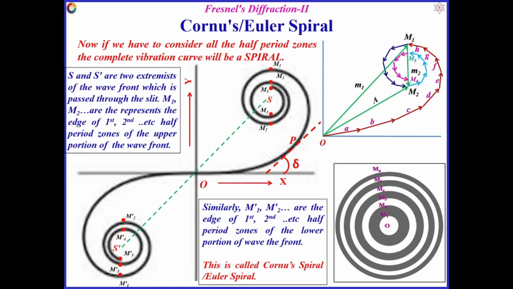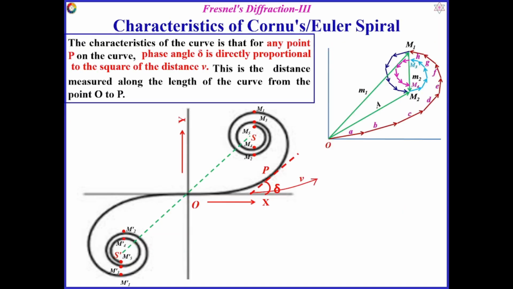In this video, we are going to discuss Fresnel's integral. For Fresnel's integral, this relation is important to know. The characteristic of this curve is that for any point P on the curve, the phase angle is directly proportional to the square of the distance.